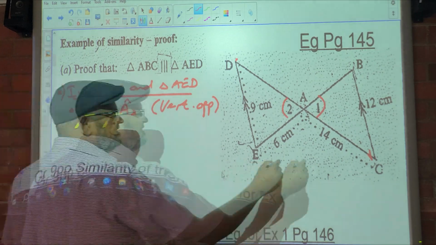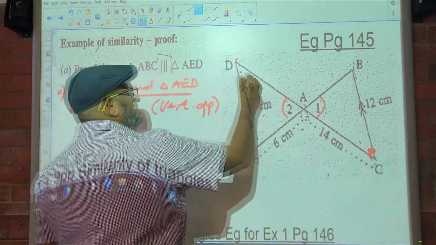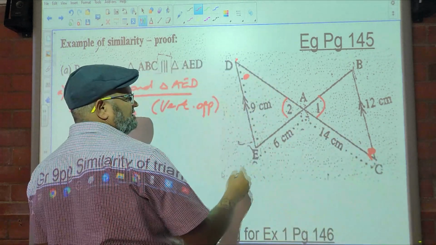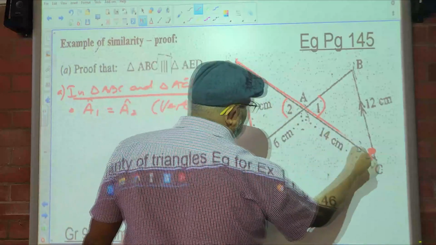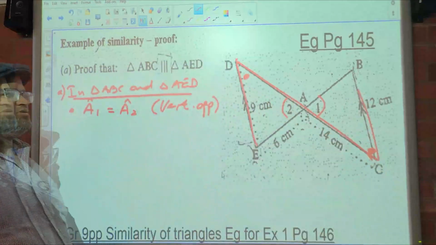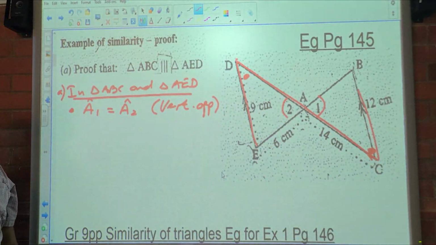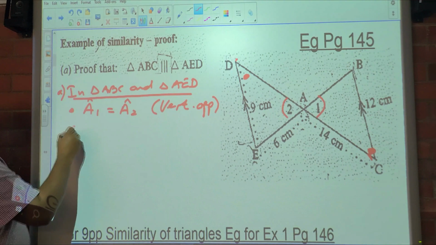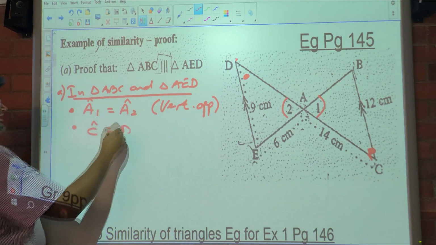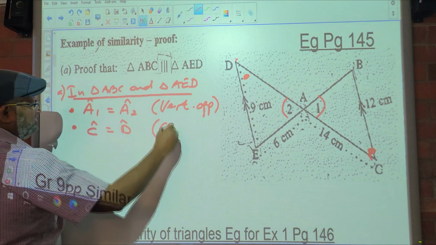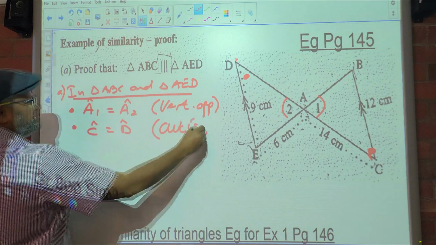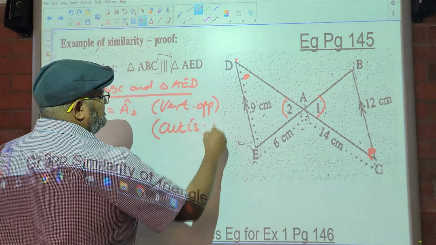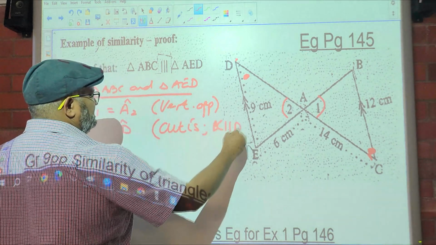Angle C is equal to angle D. Why? Because of alternate angles. Can you see that, people? So angle C is equal to angle D, alternate angles with BC being parallel to DE.